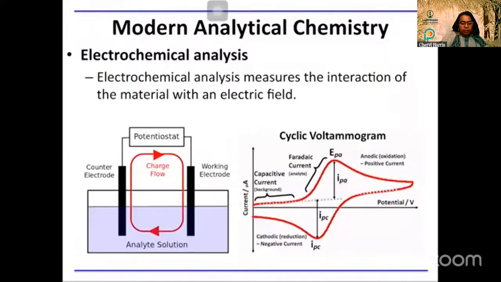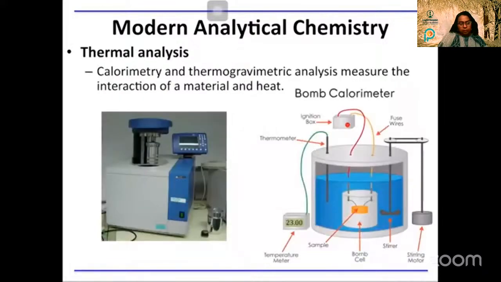Electrochemical analysis is fairly similar to potentiometric analysis. The main difference is that electrochemical analysis, like cyclic voltammetry, uses a high-performance machine that measures the interaction of the material with an electric field. Thermal analysis, on the other hand, is a fairly common instrumental technique in modern chemistry. Calorimetry and thermogravimetric analysis fall under this category.